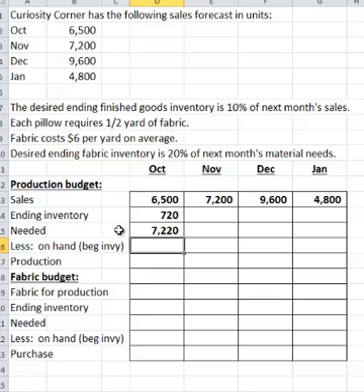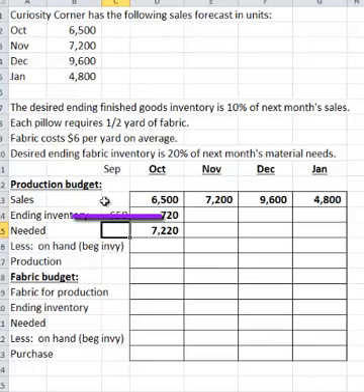policy. What's the policy? To have 10% of next month's sales. So the beginning for October would have been the ending for September. So if September had been here as a column, what would we have put into that cell? We would have put 10% of October, right?